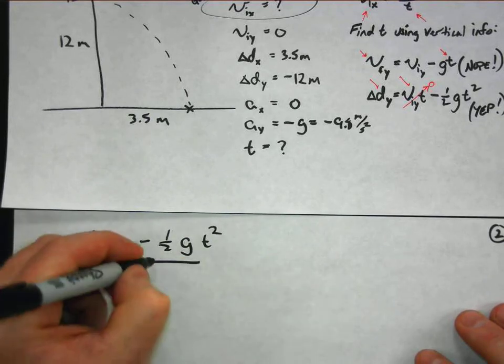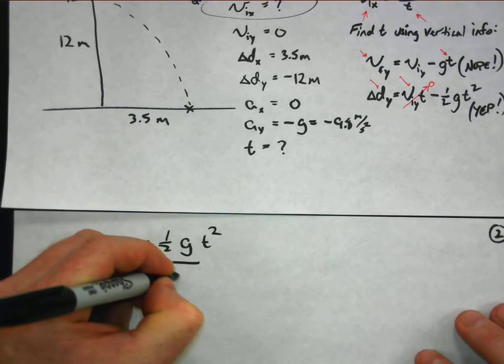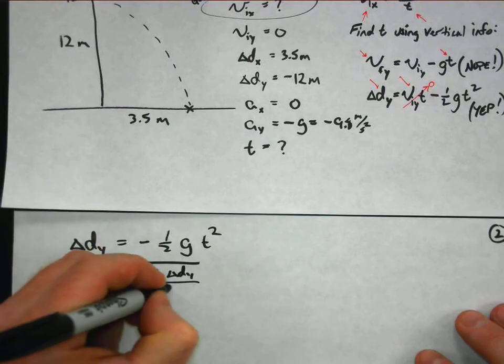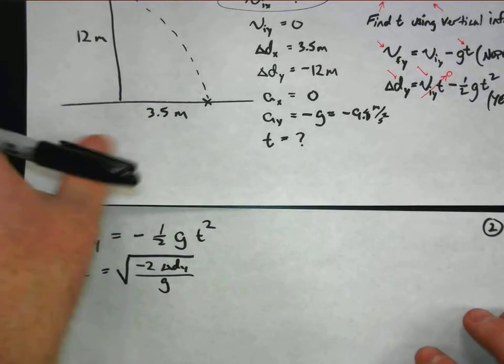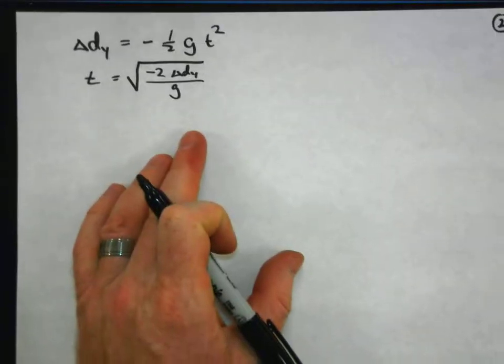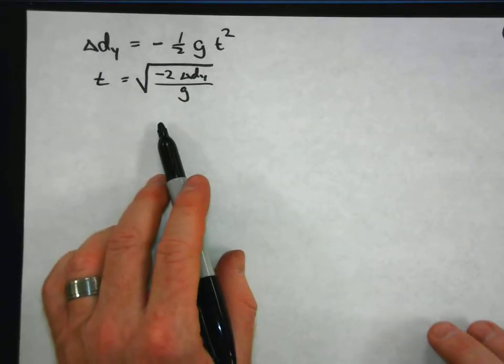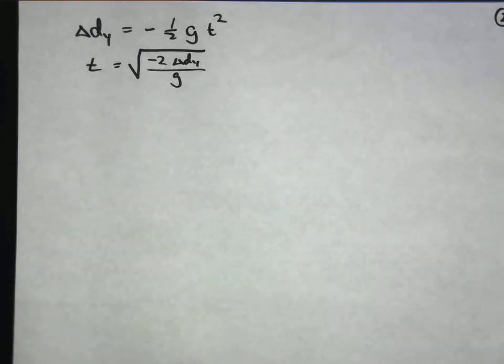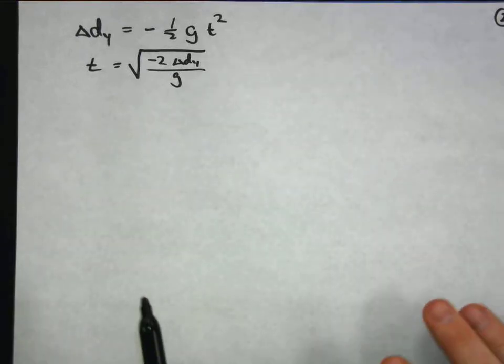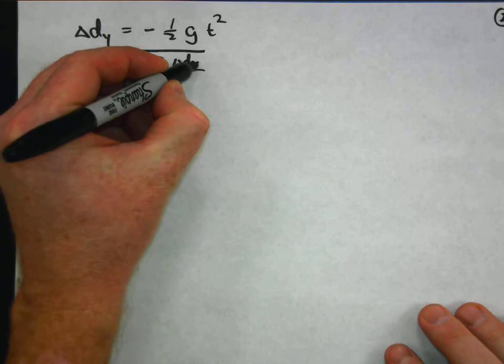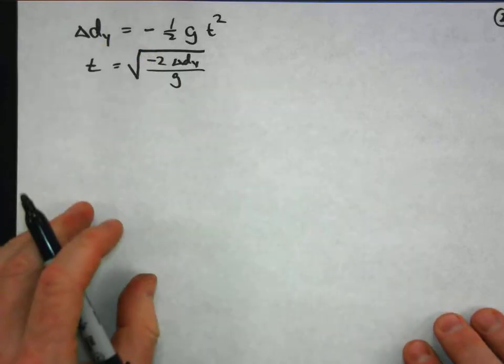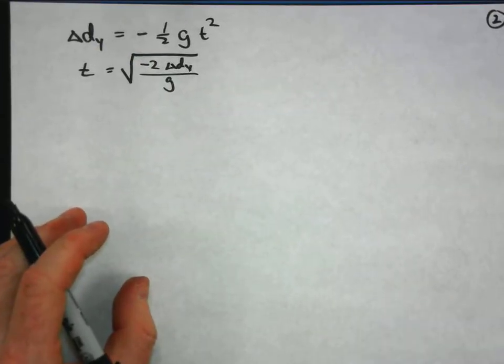And when you do this, you end up getting negative 2 delta d in the y direction divided by g. Now, if you're not sure how I get from this first equation here to this one, then come and talk to me real quick before after school. I can show it to you. It's not a big deal. It's just some rearranging of some variables in the equation.